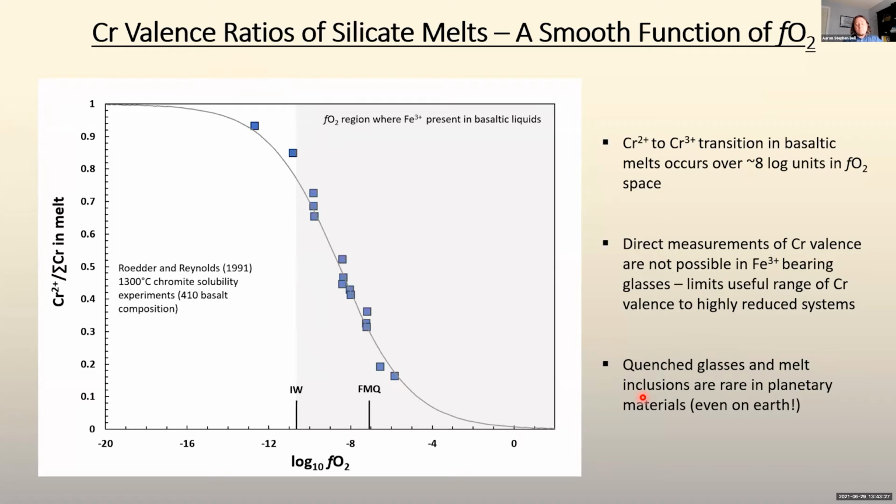And even if we did, it wouldn't be particularly useful with respect to chromium, because quenched glasses don't preserve their chromium 2+ heritage. The other thing to note is that most planetary magmas are much more reduced than terrestrial magmas. And so the ferric iron content of most planetary magmas is quite low and difficult to measure with XANES or synchrotron-based techniques. This leaves us in want of a way to get around this problem.